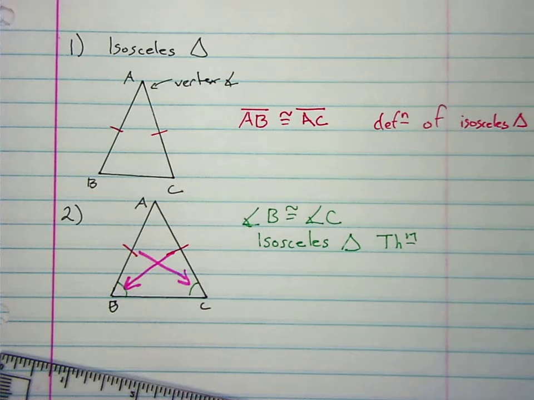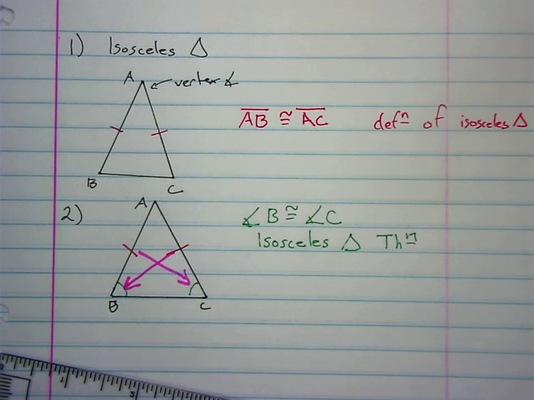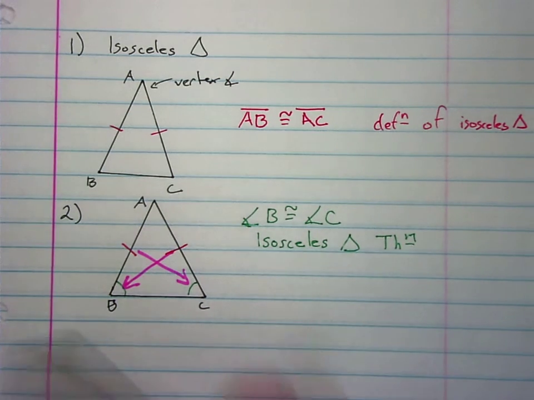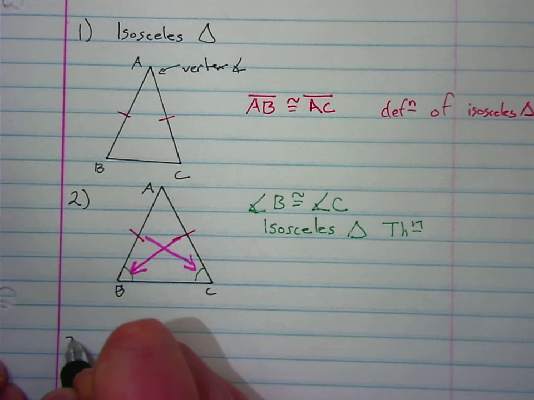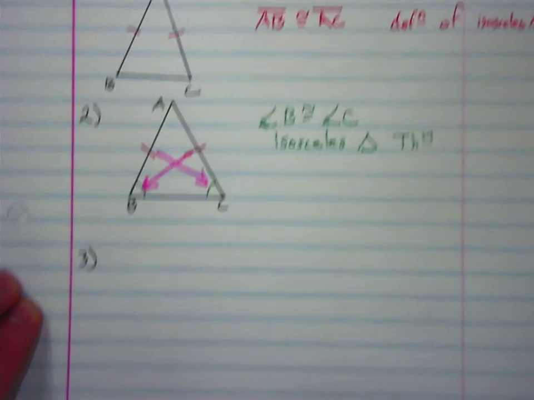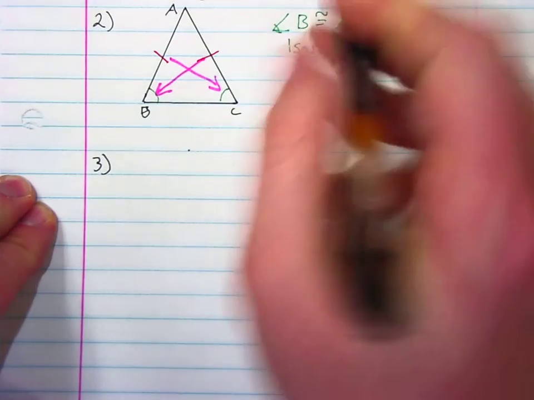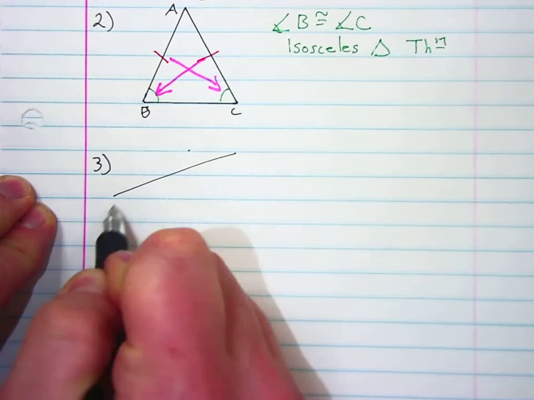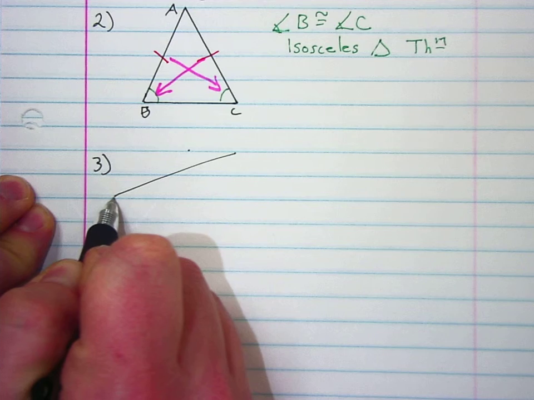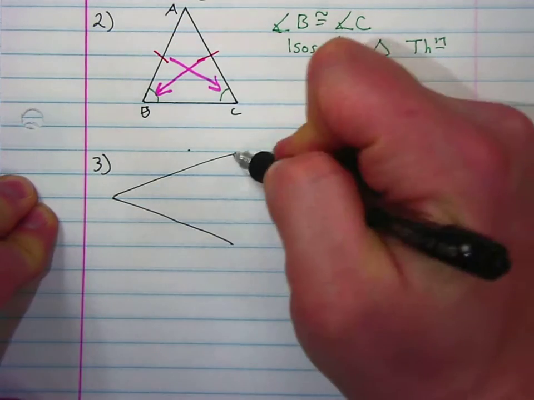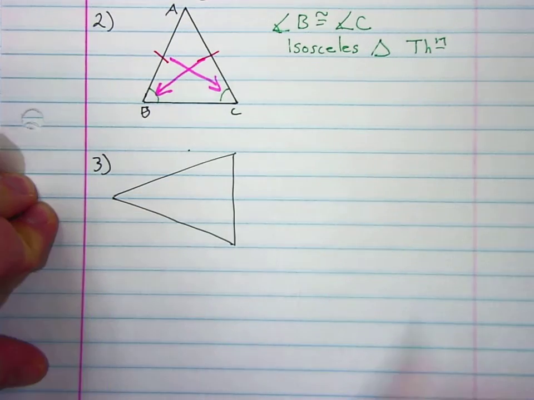Number 3 is pretty boring because it follows. What if instead of giving you congruent sides, what if I gave you congruent angles? So if I have triangle XYZ, what can I state?